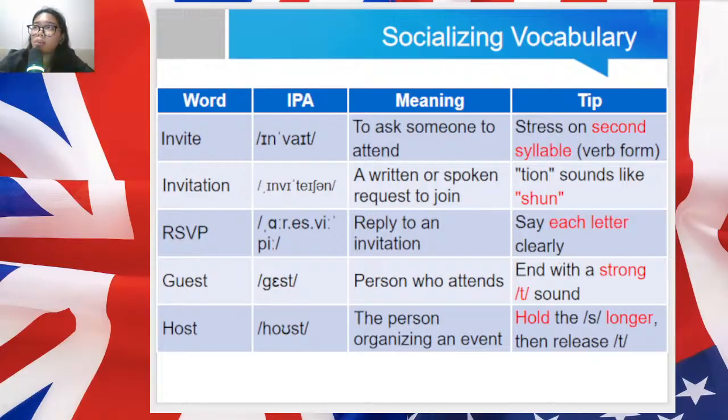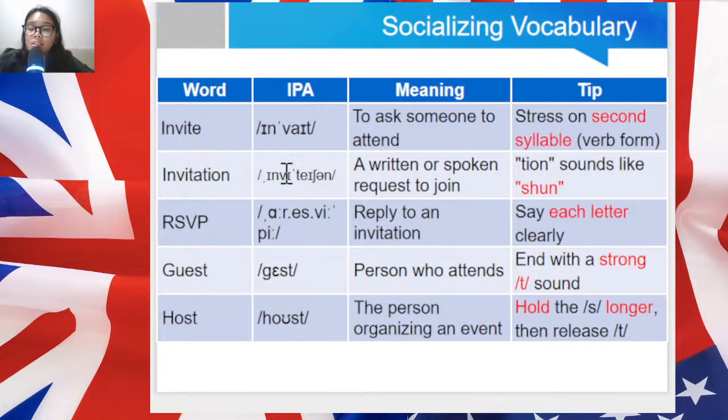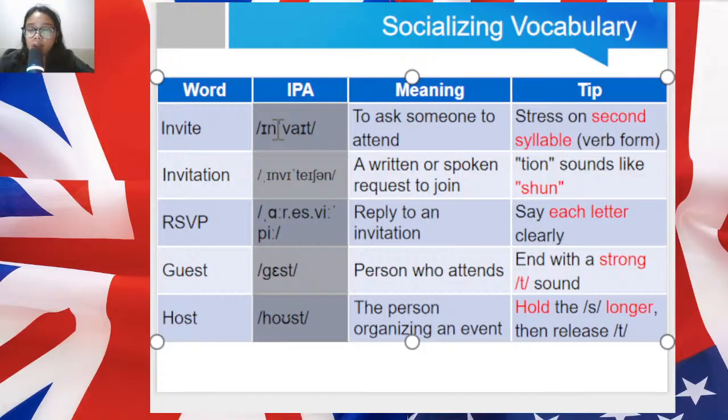Are we familiar with IPA transcription? IPA is the International Phonetic Alphabet. This is where you can see how each word can be pronounced correctly.